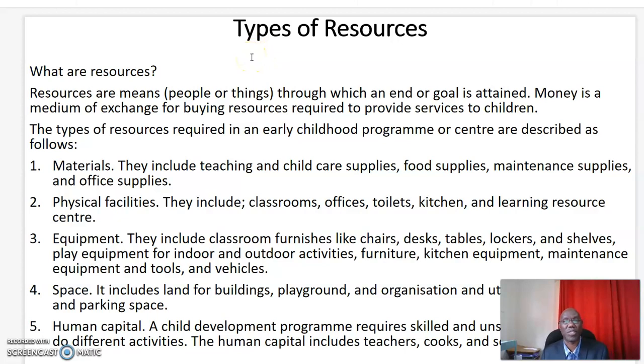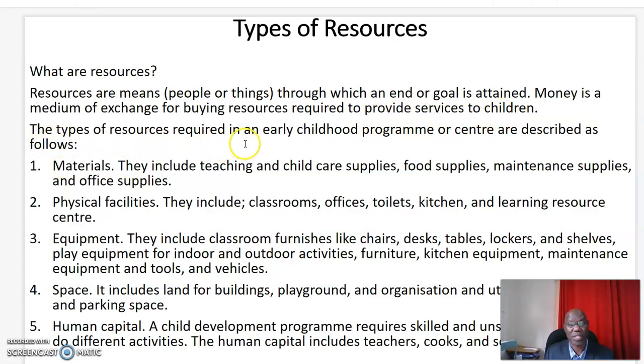Types of resources. Resources are means, which could be people or things, through which an end or a goal is attained. Money is a medium of exchange for buying resources required to provide services to children.